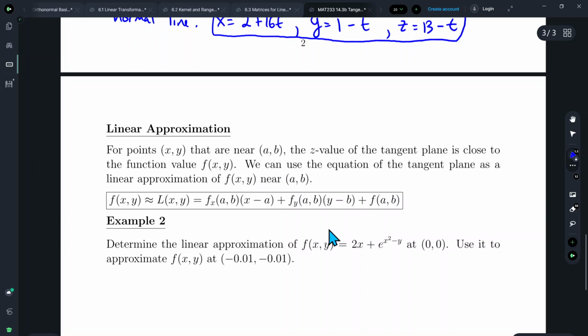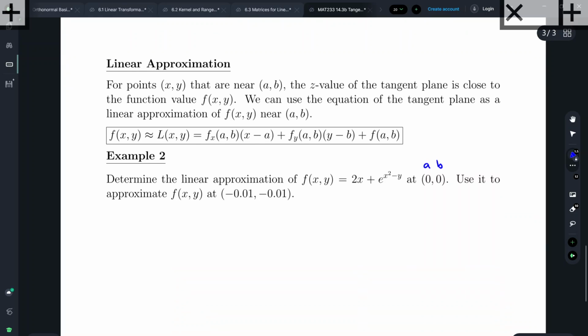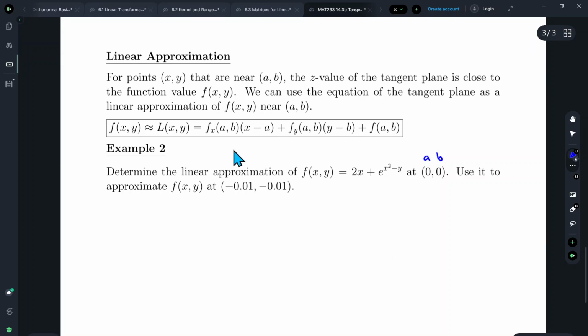Okay, so the specific point that we're using, (a, b), is this point here. So let's label the coordinates here, a and b. And again, we need to set up the tangent plane. So we calculate the partial derivatives.